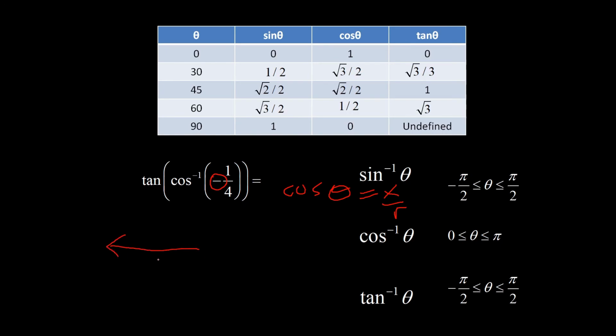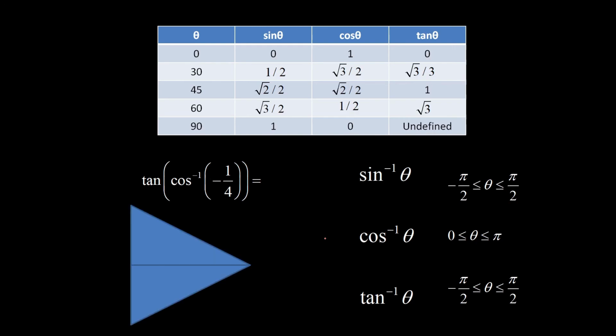So x is minus this way, which means we're going to have two possibilities for our right triangles. Could be in quadrant 2 or quadrant 3. And our angle is either to here or to here.